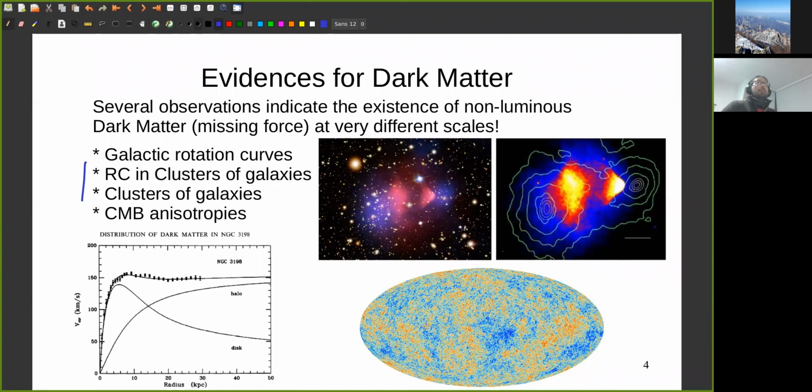matter, but that also appears at much higher scales, at cosmological scales, with the CMB anisotropies that can be very well understood in the framework of the lambda CDM model, where dark matter, in particular cold dark matter, plays a crucial role.